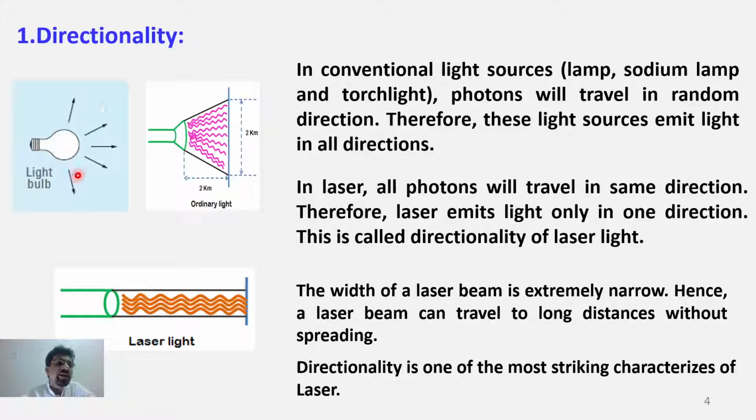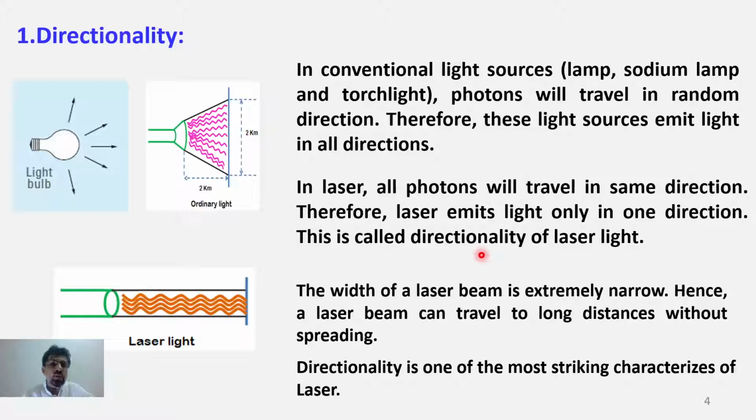This is the ordinary light bulb and we can see that the radiation emitted from this bulb is in different directions, that is, random directions. Suppose this is the torch light, then the radiation emitted from this torch light is also in different directions. That means they are not in the same direction.